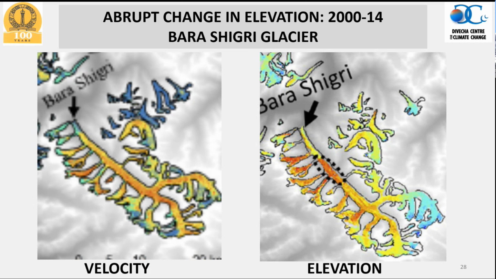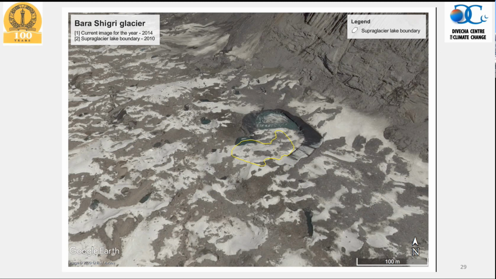This work is done at IIT Bombay by Gulab Singh and his team. You can see this is the Barashigri glacier, where they have used an interferometric technique to understand the velocity and change in elevation. You can see here in a certain region of the Barashigri glacier, a significant reduction in thickness is taking place. And why is that?